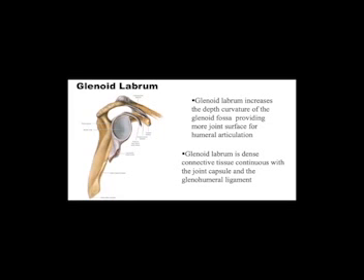So you need some sort of deepening by connective tissue for that joint to be more stable, which is the labrum. Labrum means lip, okay? So the lip seals and deepens the joint so that the humeral head doesn't dislocate as easily as it would without the labrum.